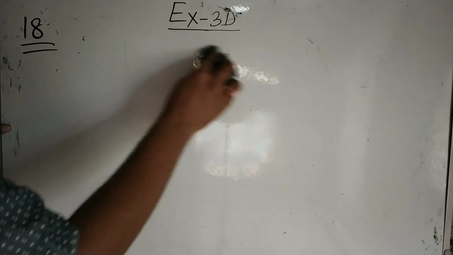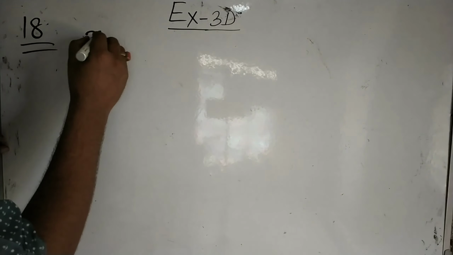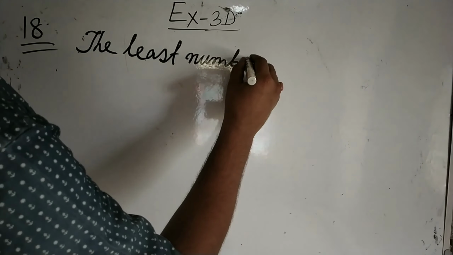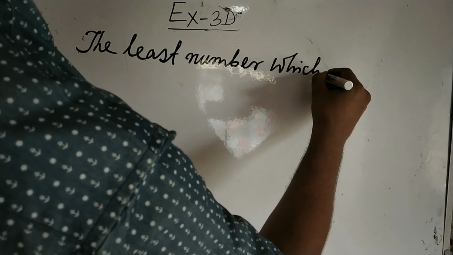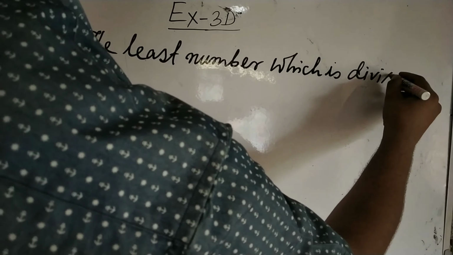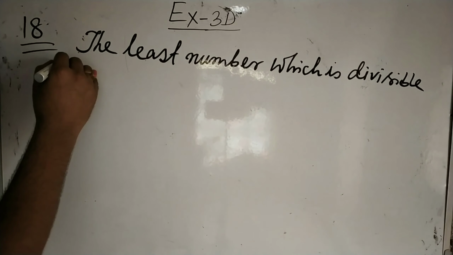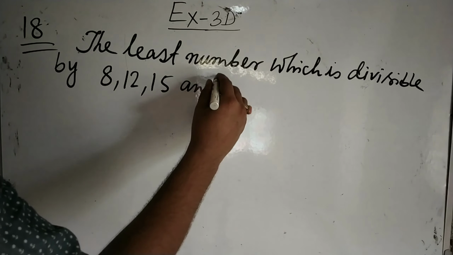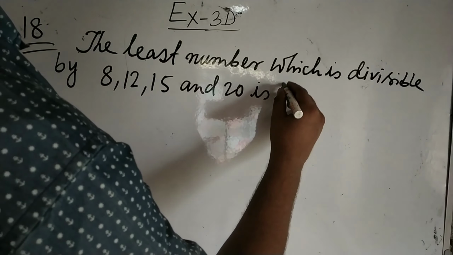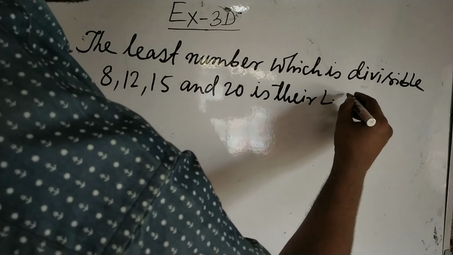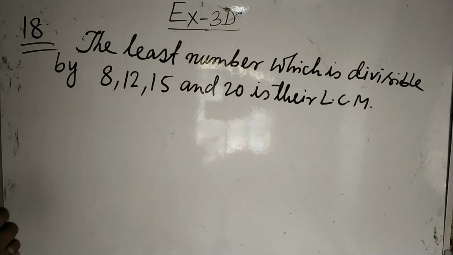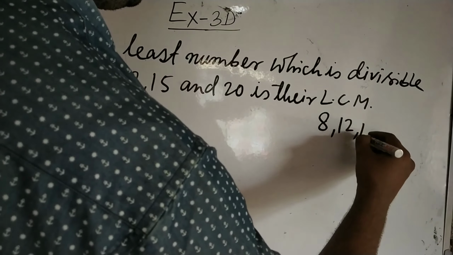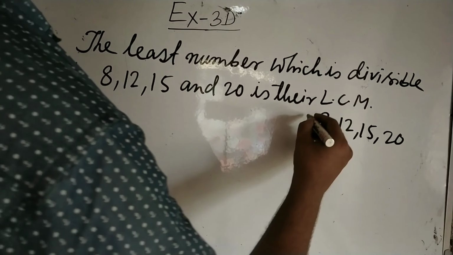So write down, the least number which is divisible by 8, 12, 15 and 20 is their LCM. LCM, that is lowest common multiple. Find out their LCM. 8, 12, 15, 20. 3 numbers are divisible by 2.